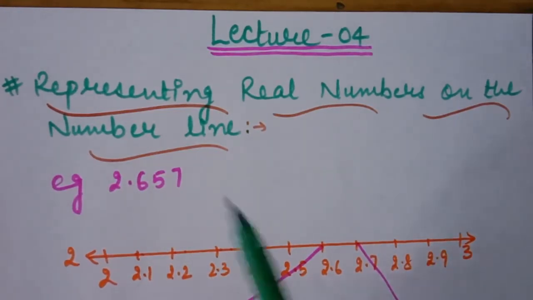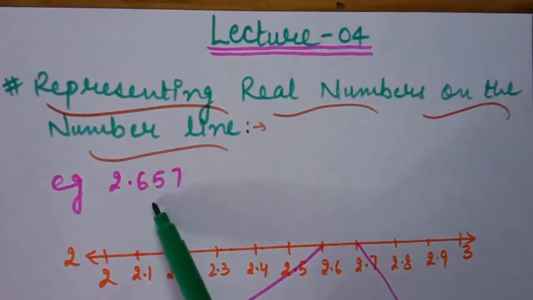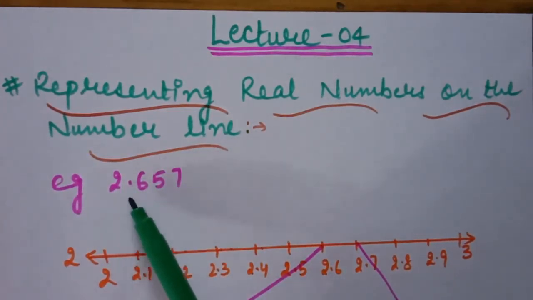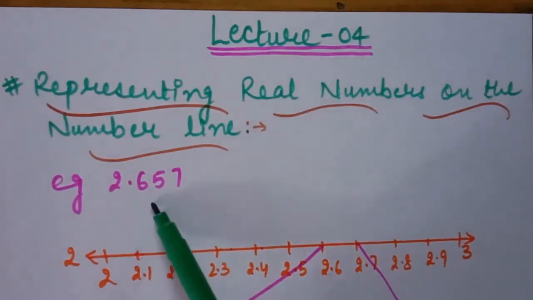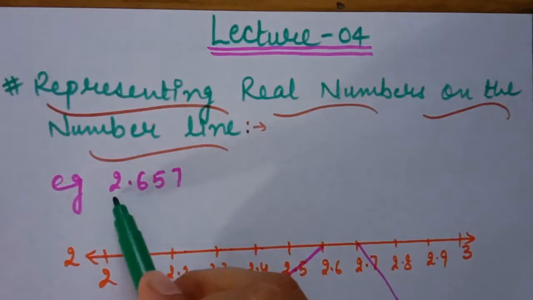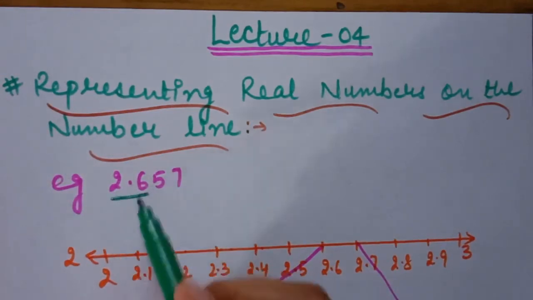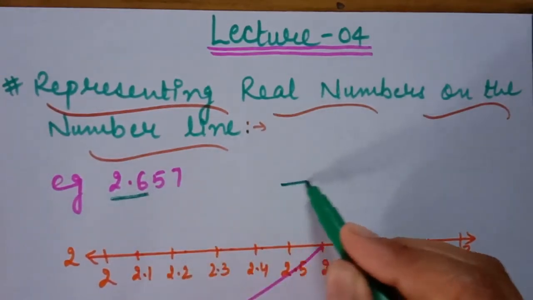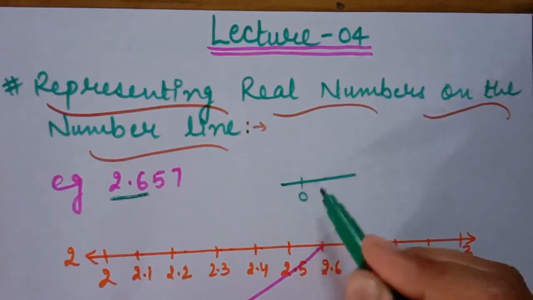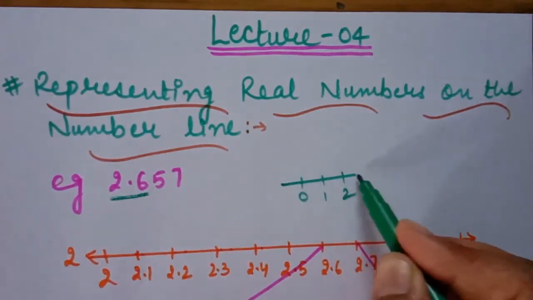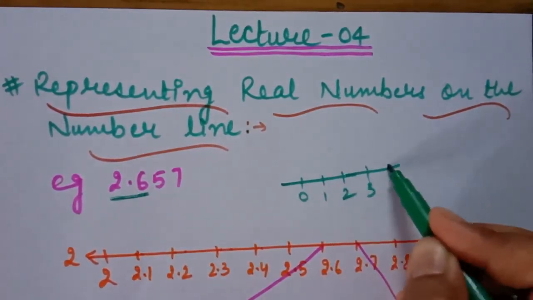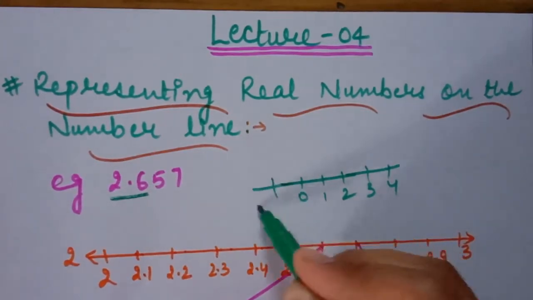First of all, we will take an example, 2.657. Now we will learn how to draw this number on a number line. We know very well that this number lies between 2 and 3, because on a number line we have numbers like 0, 1, 2, 3, 4 and -1.